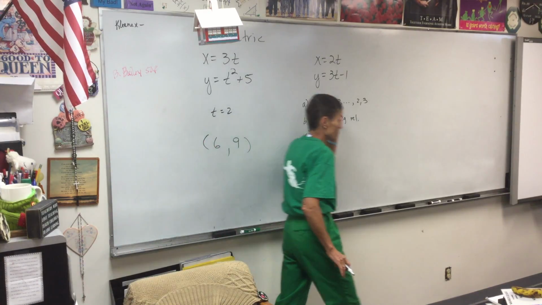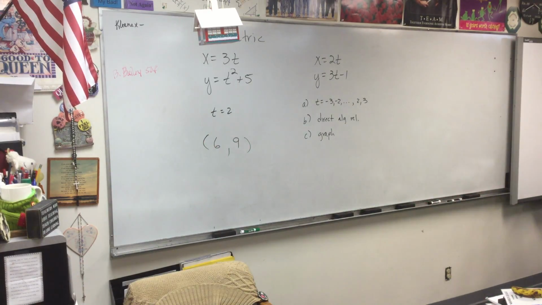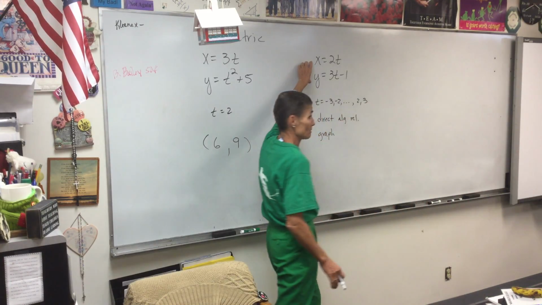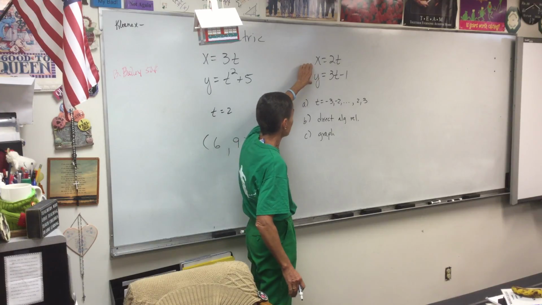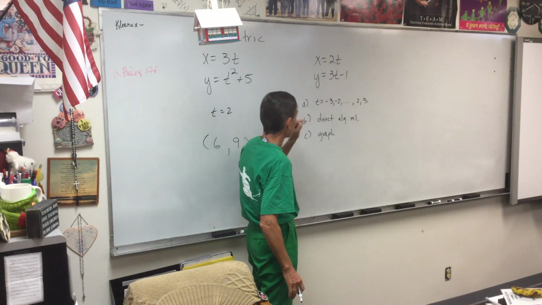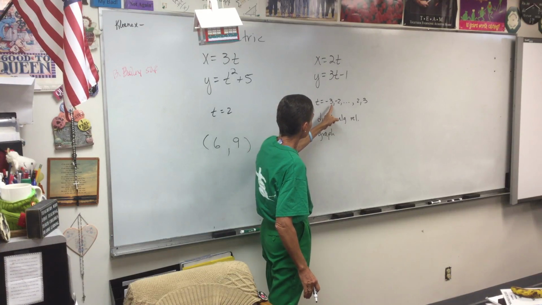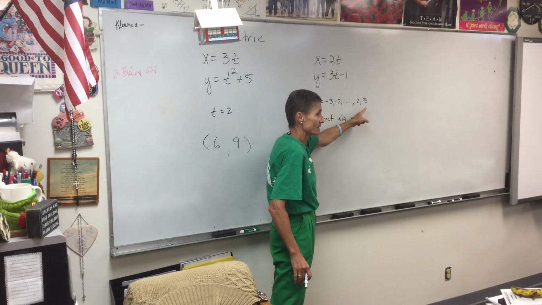This next problem, this is like number 5, says 3 things. It gives you parametric equations. These are your parametric equations. And it says, okay, find the points when t is everything from -3 to +3.